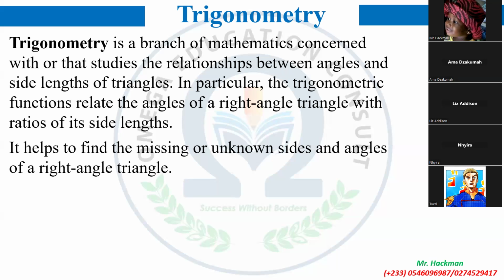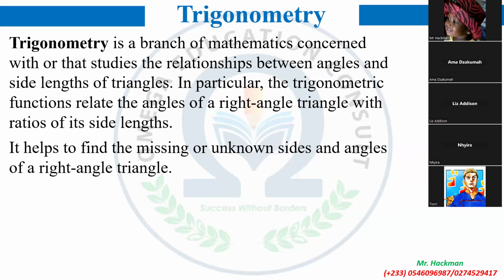A triangle. In particular, the trig ratio, or let me say trig function, relates the angles. And when I say trig, I mean trigonometry. The trig functions relate the angles of a right angle triangle with ratios of its side lengths.